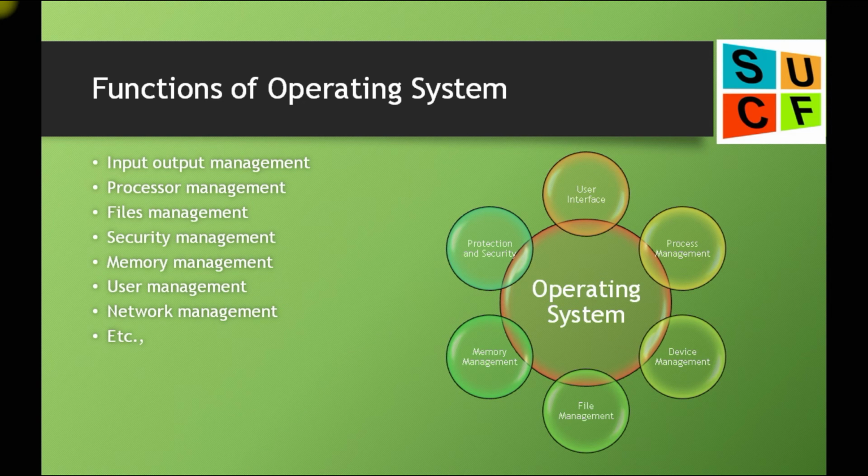This diagram depicts the operating system at the center. The user interface, whether GUI based or command line interface, is also provided by the operating system. Process management we discussed. Device management means input and output devices.